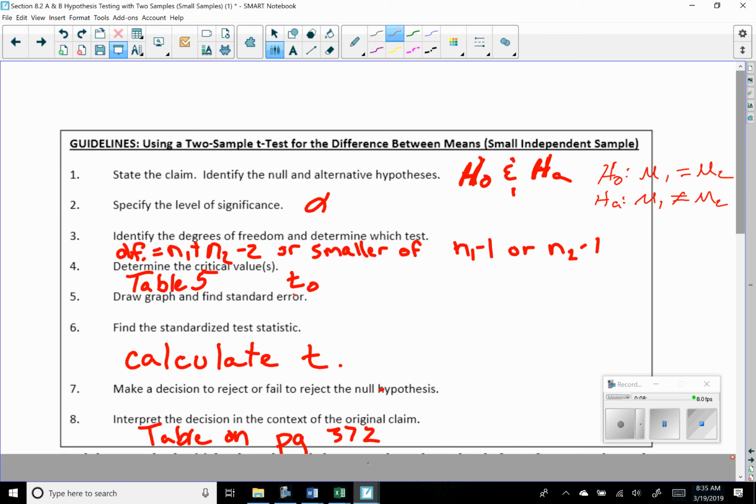So this is also going to be dependent upon whether the variances are equal or not. Then you would place t on your graph and figure out whether you are going to reject or fail to reject. Step 8, interpret the decision in the context of the original claim. We've done all that many times before. Okay?